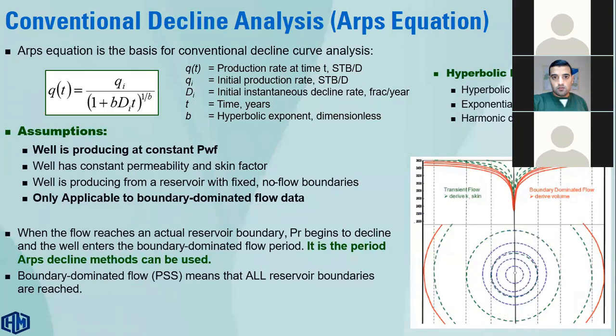In this flow regime, partial P over partial t, the rate of change of pressure with time, is constant. In other words, the reservoir pressure will decline throughout the entire reservoir at a constant rate, or we have constant reservoir pressure decline with time.